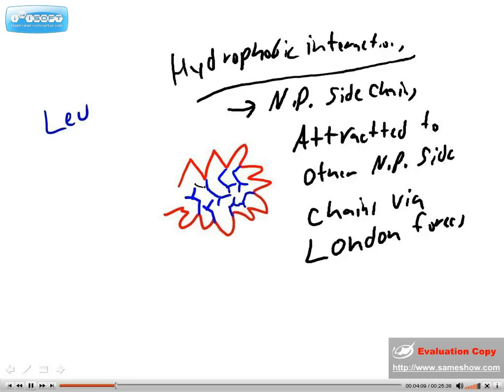So in this case, via London forces, aka dispersion forces, the nonpolar side chains are attracted to each other, like attracts to like.